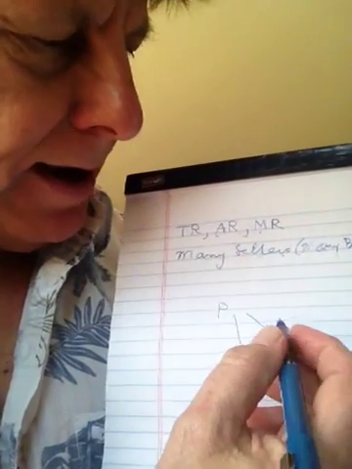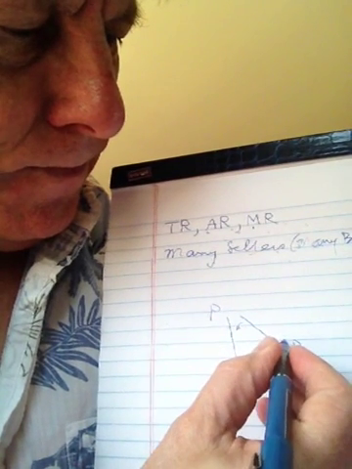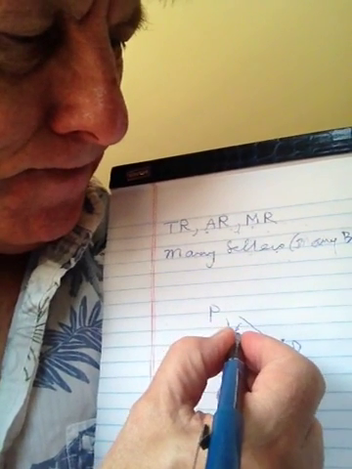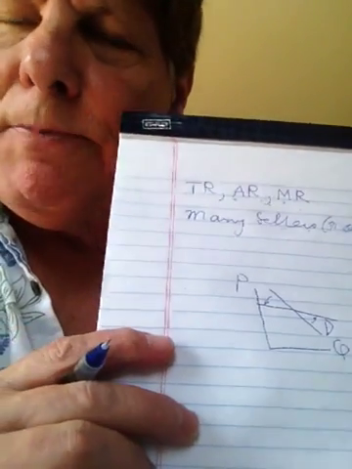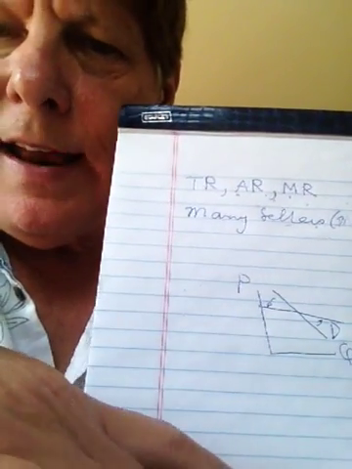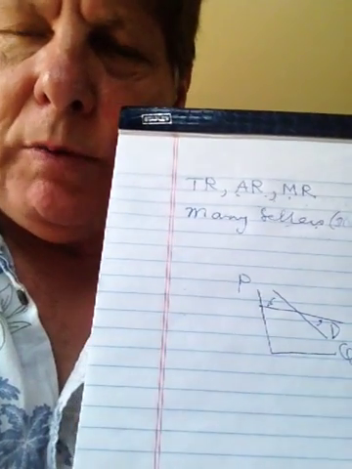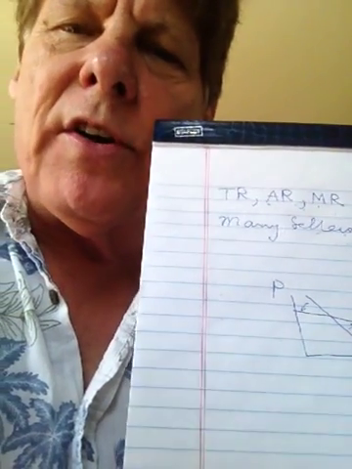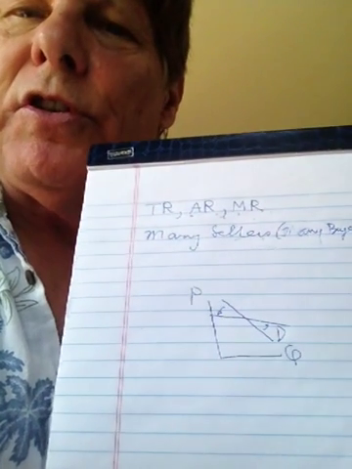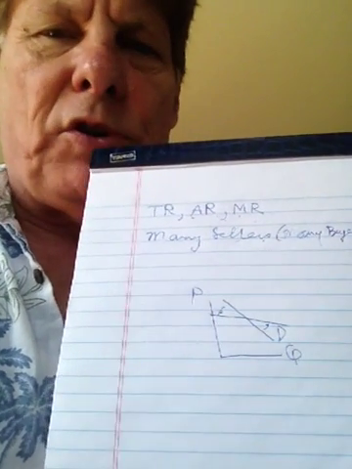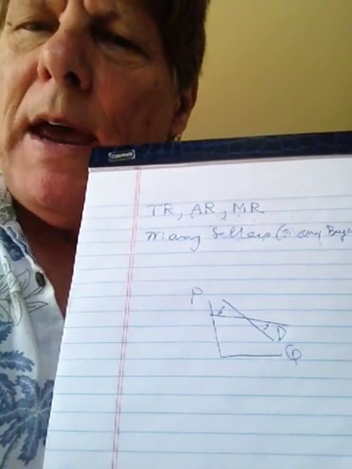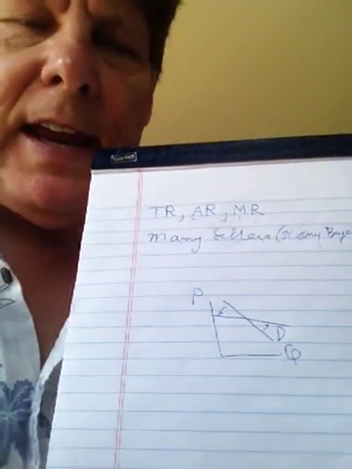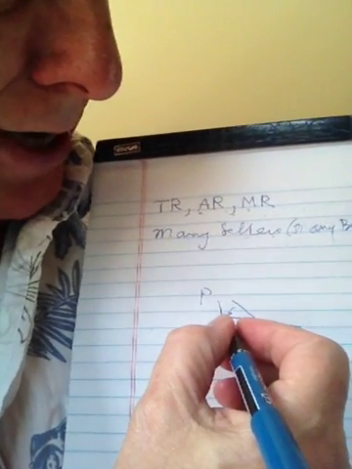And as it becomes more elastic, it'll become flatter. The more substitutes there are, the more elastic, or the flatter, the demand curve will become. But not only are there a lot of substitutes, the substitutes are perfect substitutes for one another because the products are homogeneous. That's going to make the demand curve even more elastic.